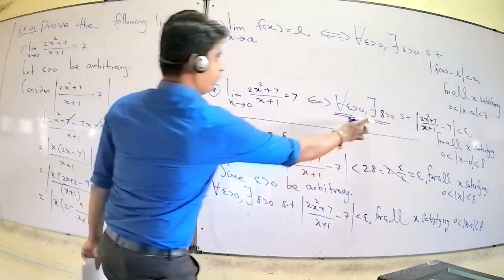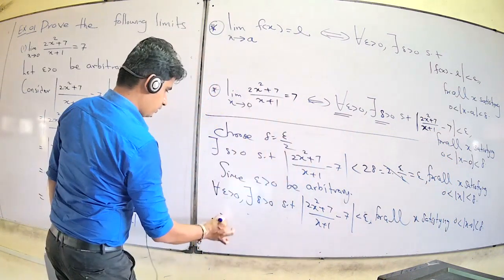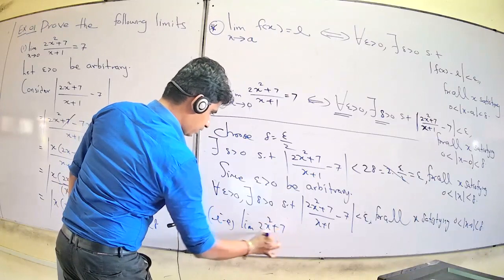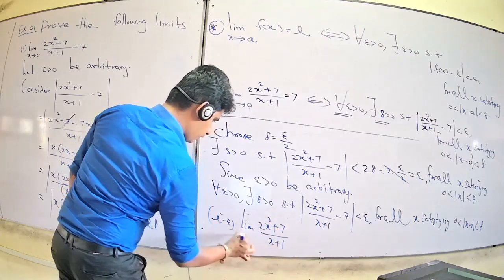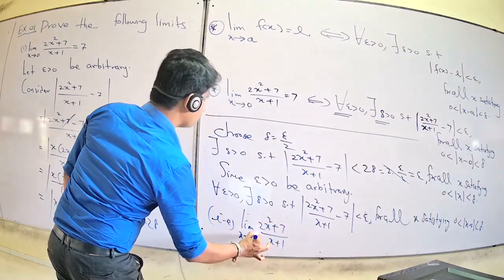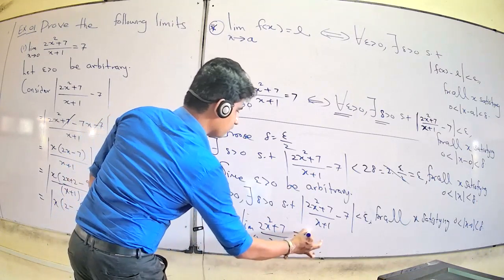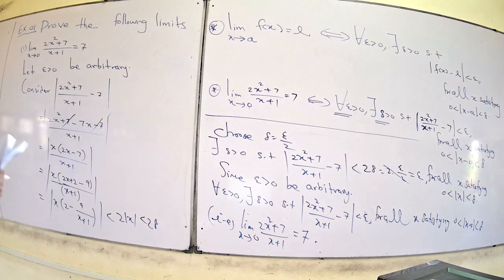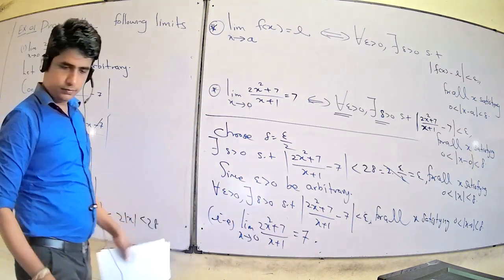This one if and only if this one, that means the limit of (2x squared plus 7) over (x plus 1) as x tends to 0 equals 7, okay.